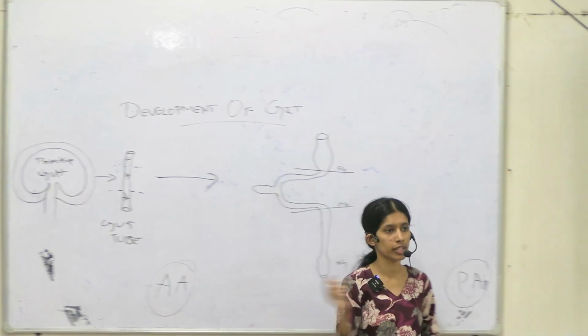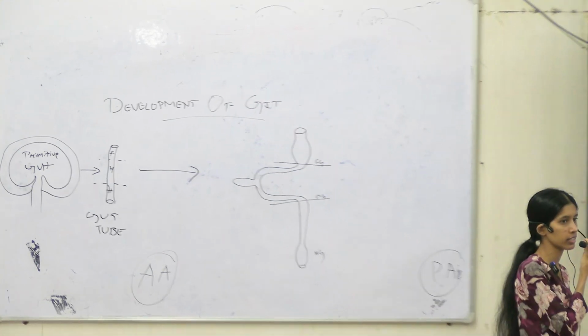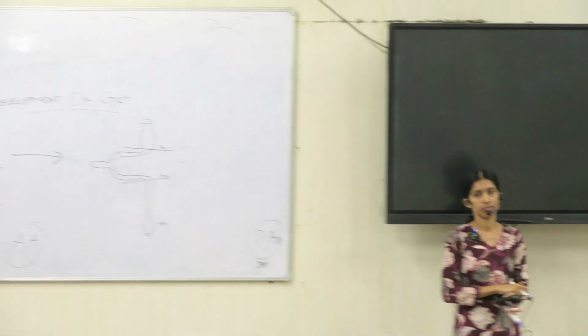So what are the different blood vessels we can see in the anterior and posterior aspect during the development? When the gut is developing, your respiratory system and also your cardiovascular system development is taking place, somewhere between the 5th to 12th week.